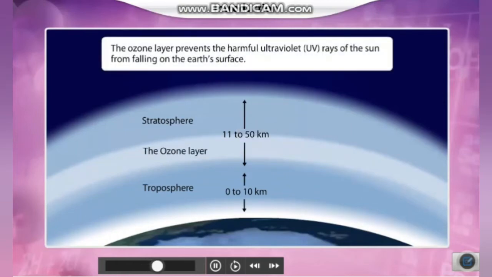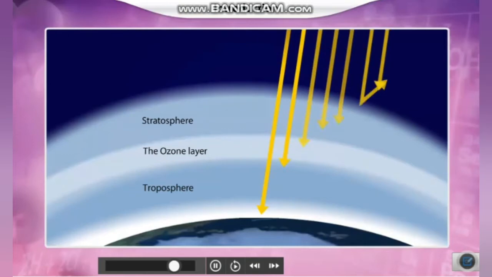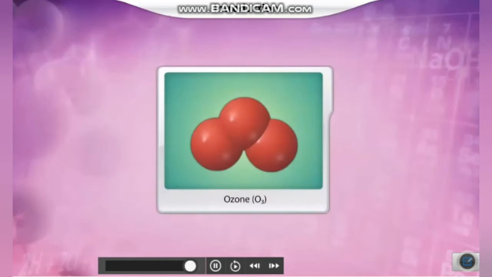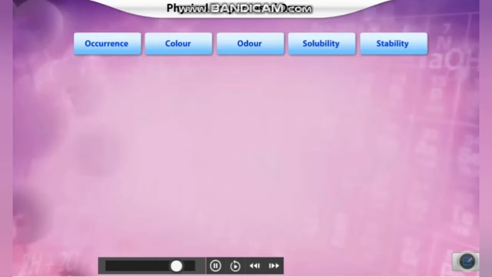Ozone plays a major role in preventing the harmful ultraviolet or UV rays of the sun from penetrating the Earth's surface. Let's learn about the properties of ozone. First, let's look at the physical properties of ozone. Click each tab to know more.